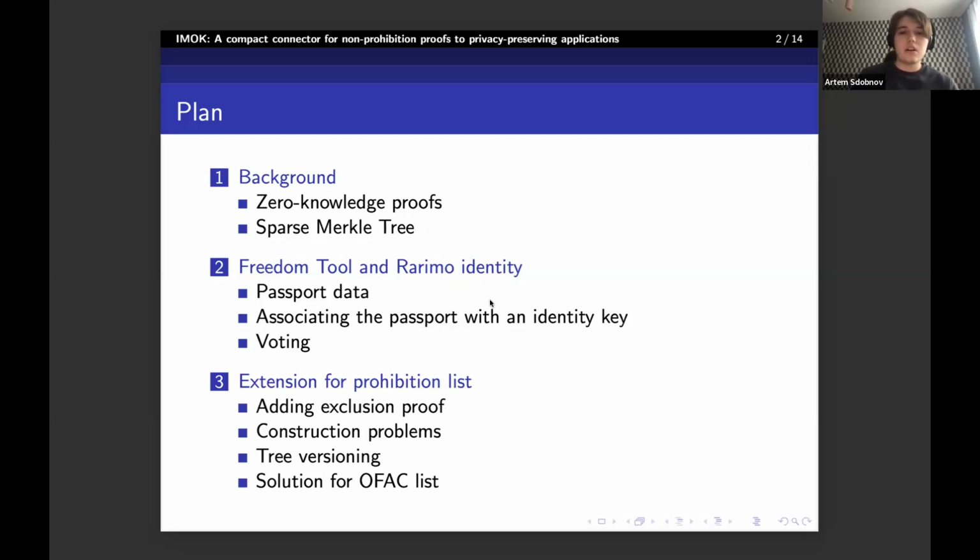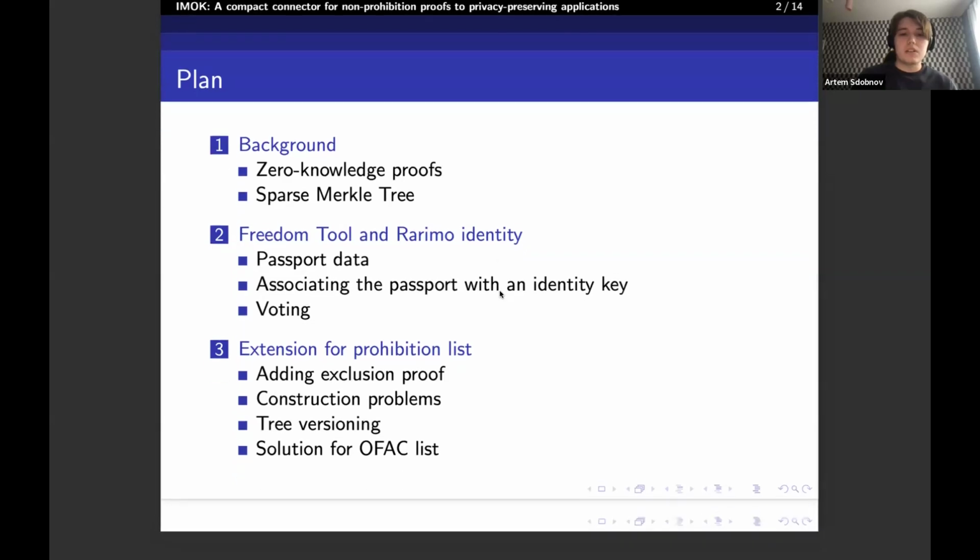And Rarimo Identity is a similar identity scheme. It allows you to connect your passport data with your private and public key, so you will have your own digital identity based on your passport, but without revealing any of the personal information which is in the passport. And then I will show you how to extend this proof, using the example of OFAC sanction lists.